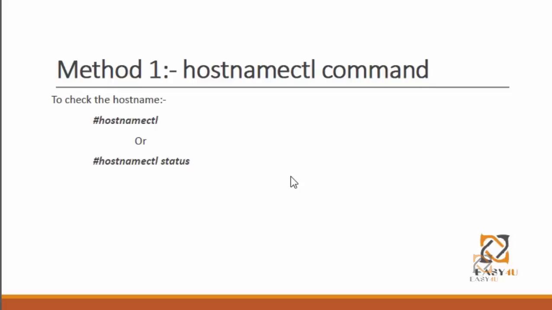Now start the practical. We are going to use the first method, the hostnamectl command, to set the hostname. To check the hostname, you can use two commands. First one is hostnamectl and second one is hostnamectl status.